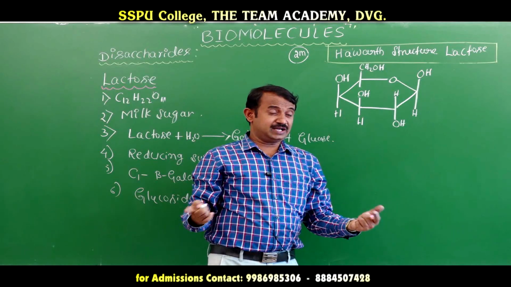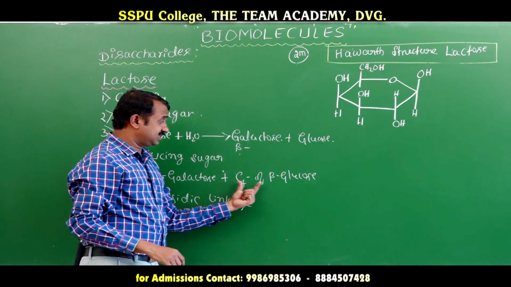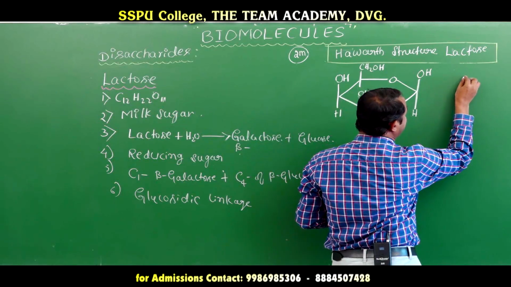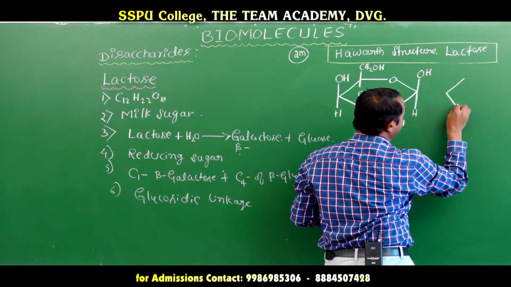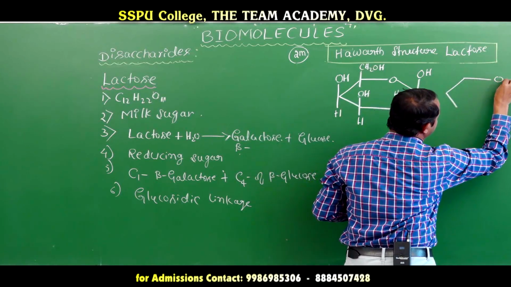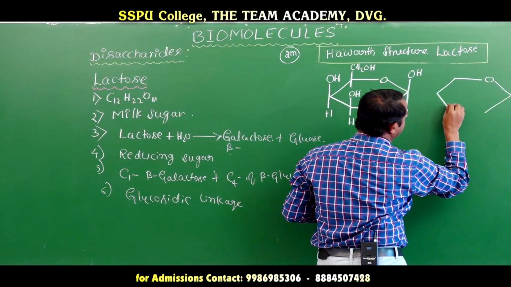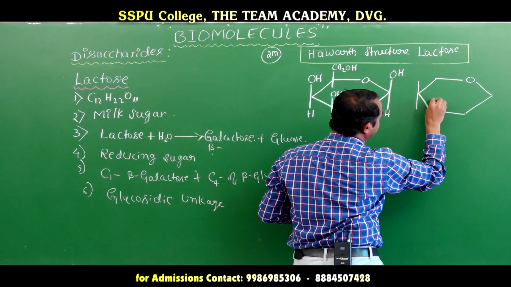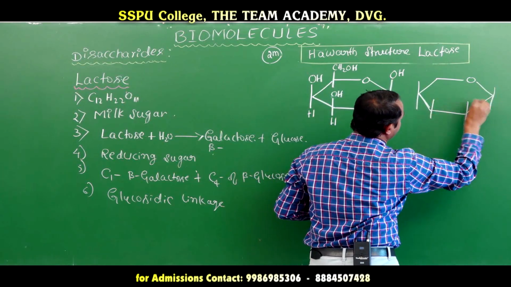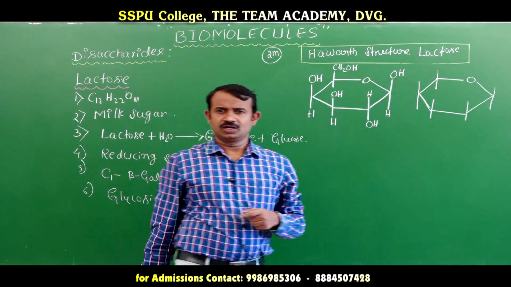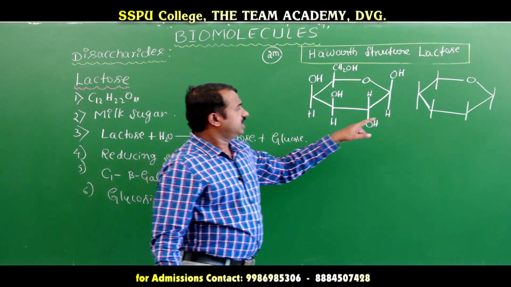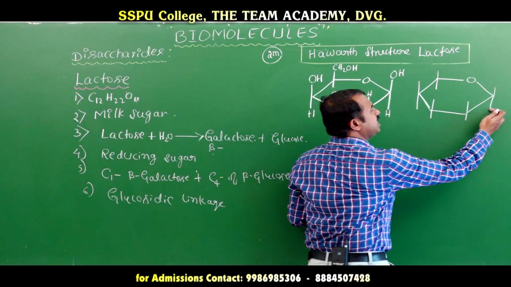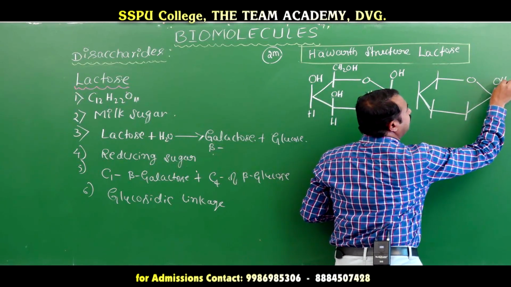Alpha glucose and beta glucose. Here another one is beta glucose. For glucose you know the structure. Here OH means alpha, and if this OH goes above, that means beta.